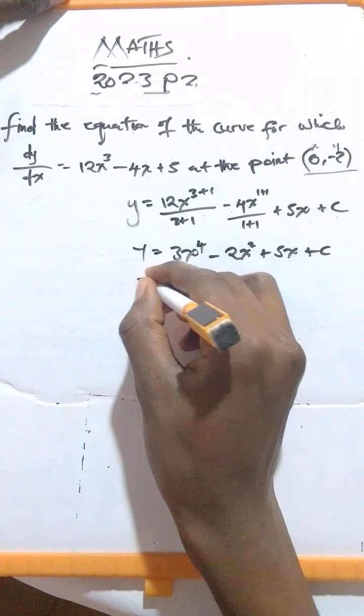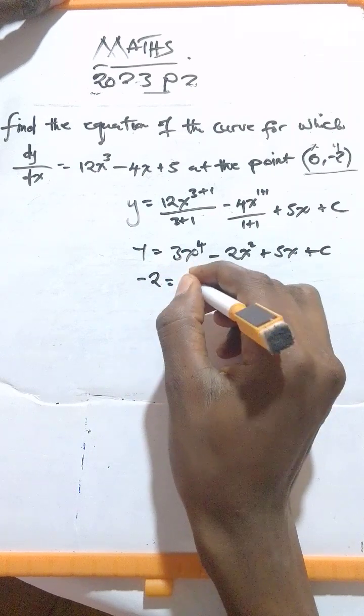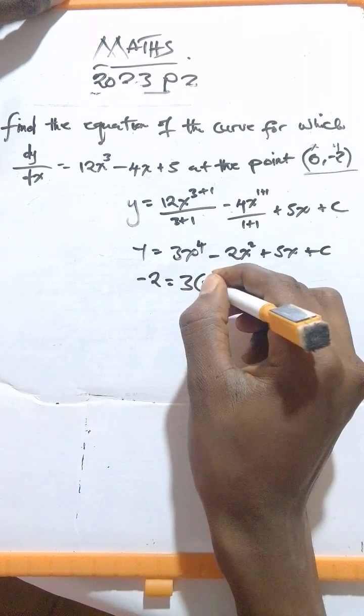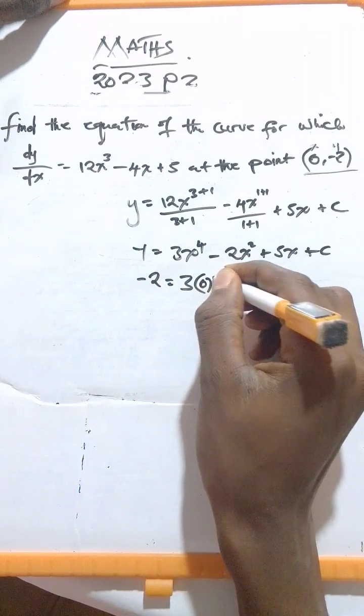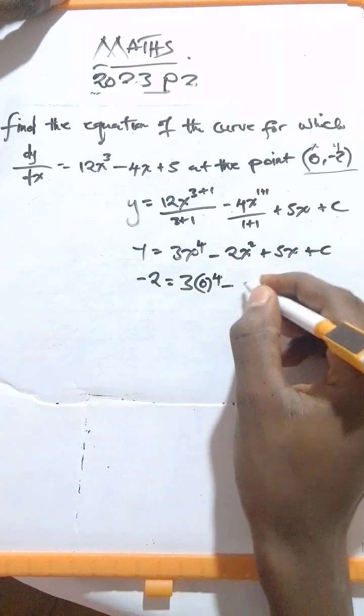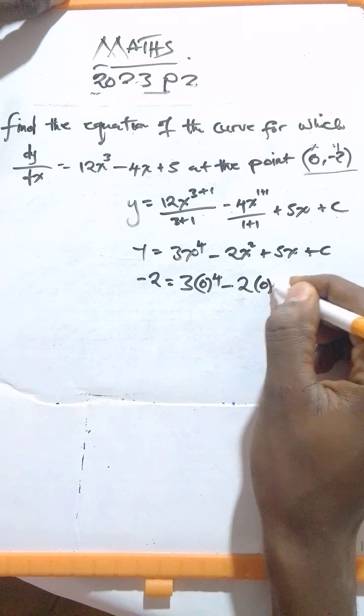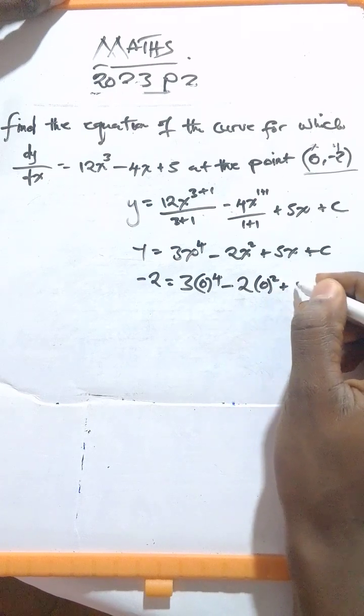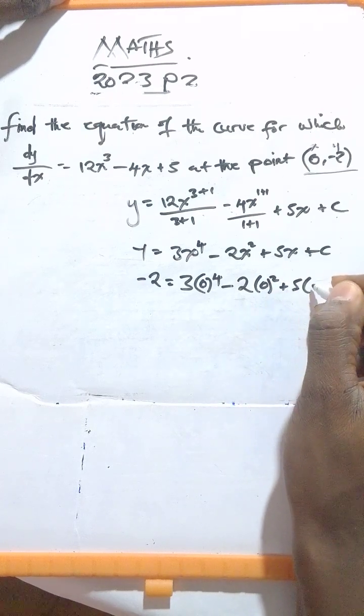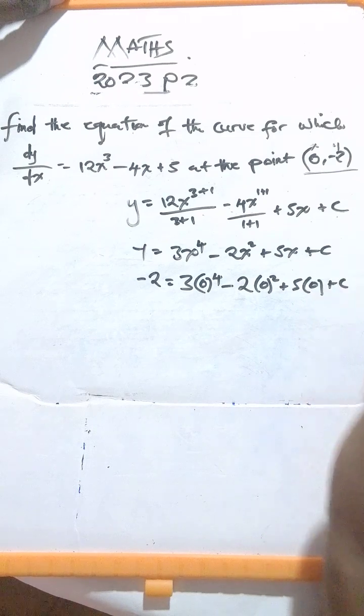So we'll say negative 2 is equal to 3, open bracket, 0 to the power 4, minus 2, open bracket, 0 to the power 2, plus 5, open bracket, 0, then plus c.